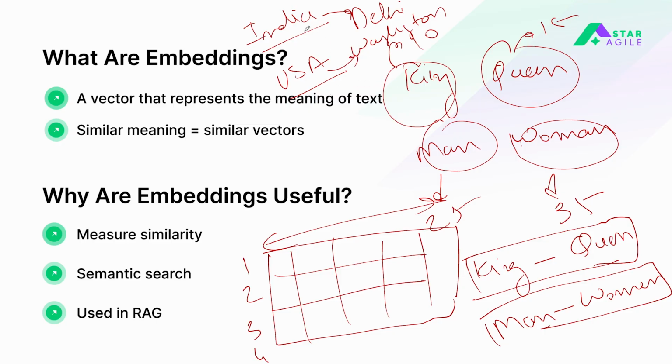So when you take the vectors of these 4 words and do a similar operation, you take the vector of India and subtract the vector of Delhi from it, you take the vector of USA and subtract the vector of Washington from it, the resultant vectors that are generated will be parallel to each other, right? So in other words, similar meanings will be encoded within similar vectors. Because of that, you will find the vector operations are valid for the embedding vectors generated here. And this gives vectors a whole lot of importance.